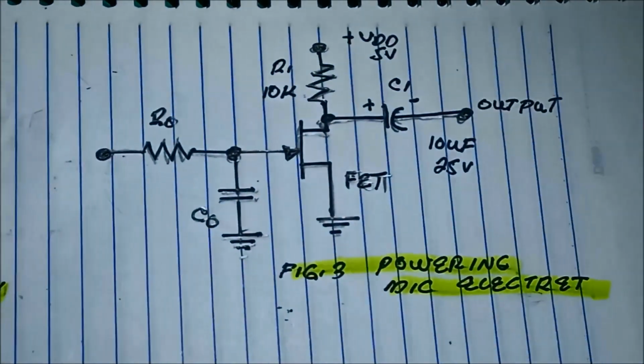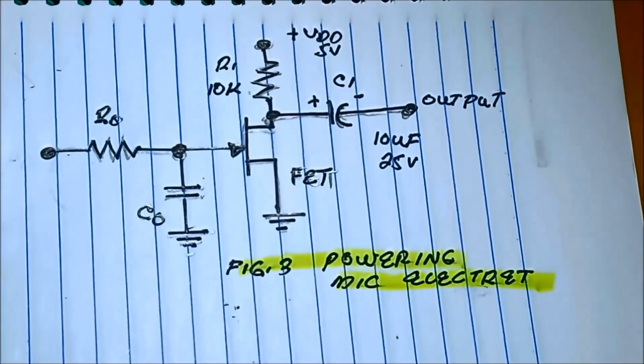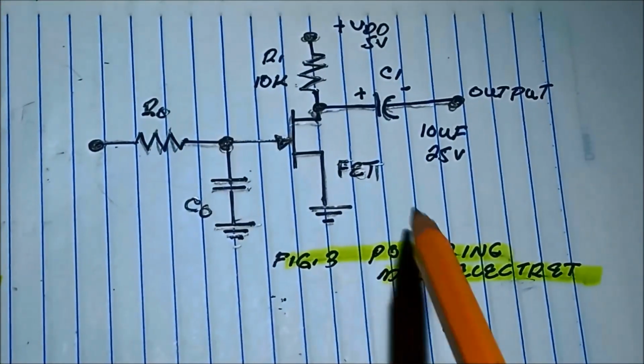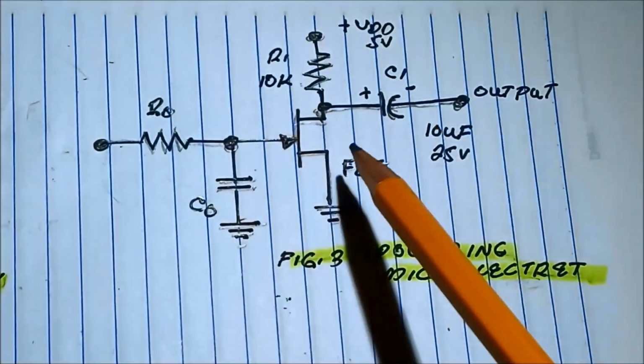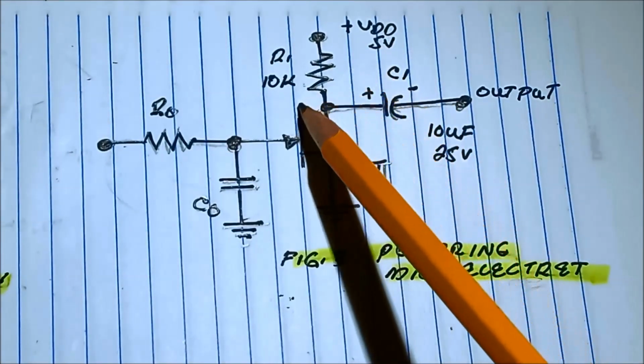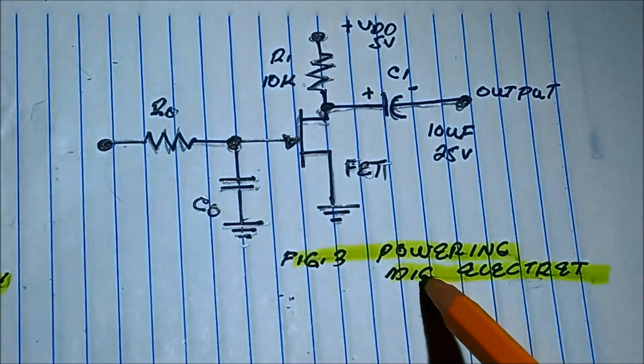And then we have the circuit. This is now the circuit we're going to use. We need this circuit to power this electric mic.